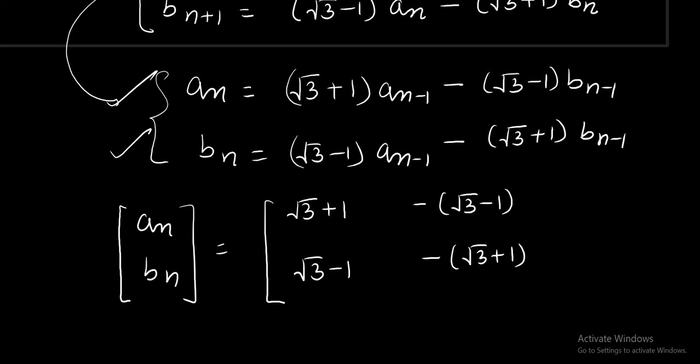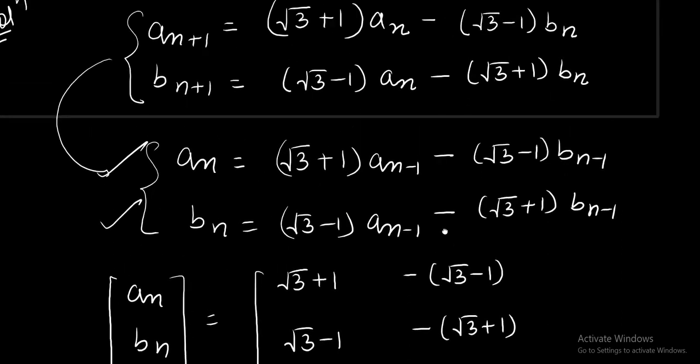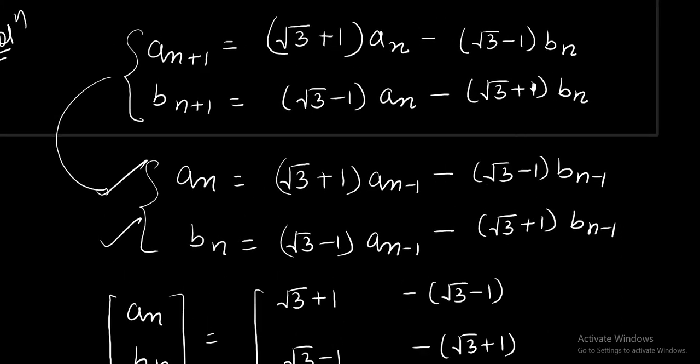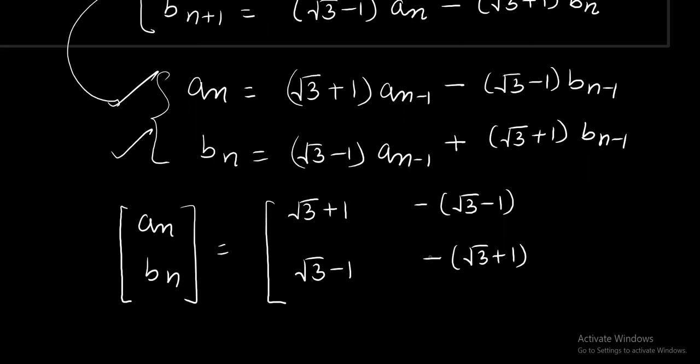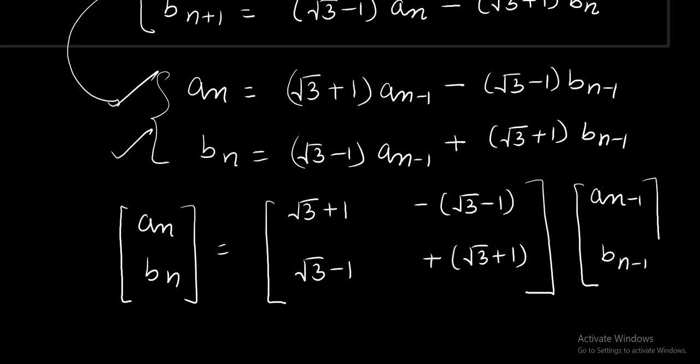Let me just check whether we have this negative sign, because for Bn plus 1, when you club the terms of Bn, it is root 3 plus 1. So let me make the correction here. It is plus only. So this is the coefficient matrix. Along with that, you will have to write down the matrix An minus 1, Bn minus 1, correct? So we have represented the relation given by them in the matrix form.